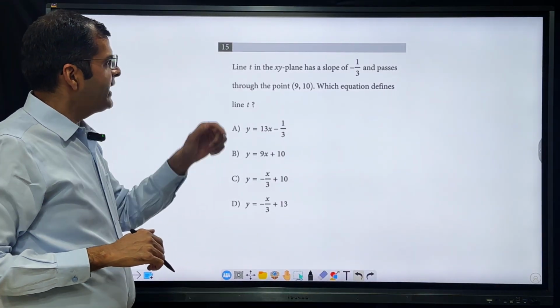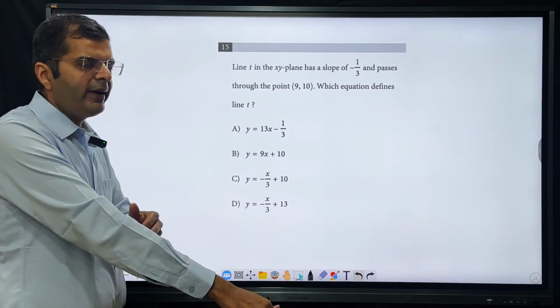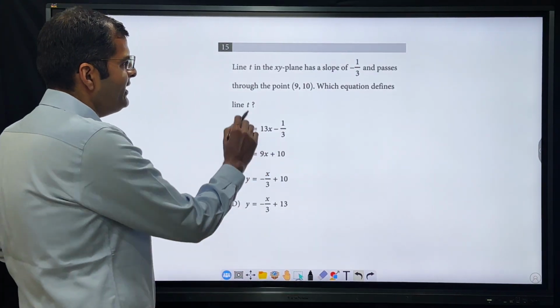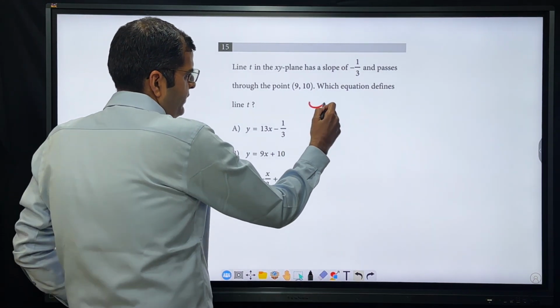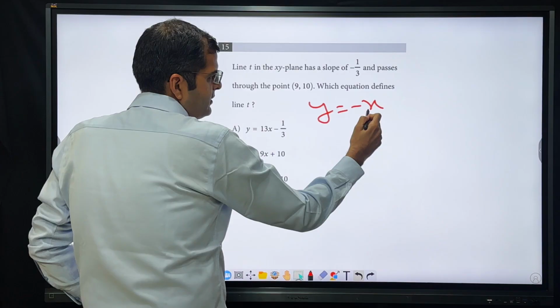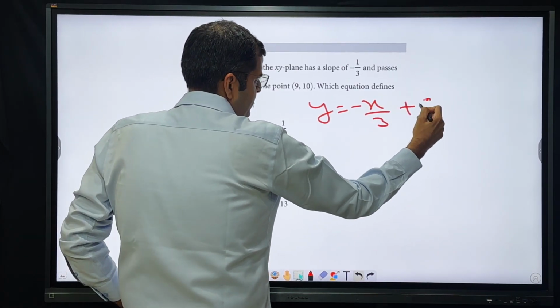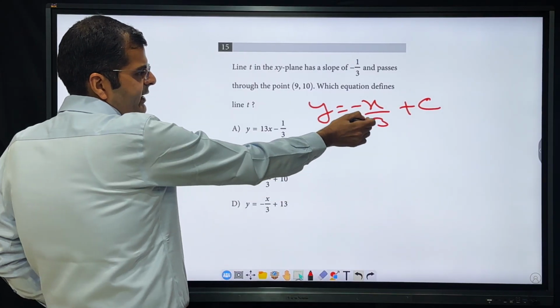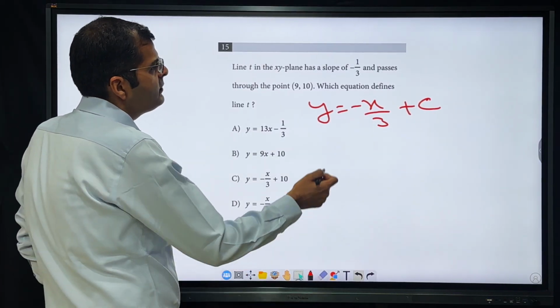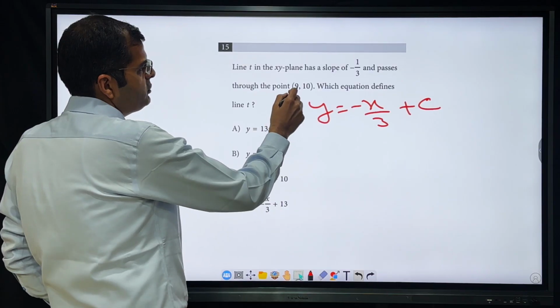So this question says line T in the xy plane has a slope of minus 1 by 3 and passes through the point 9, 10. Which equation defines the line? So the equation of the line will be of the form y is equal to minus x by 3 plus c, where c is the y-intercept. Okay, slope is minus 1 by 3, so it will be like this. It passes through point 9, 10.